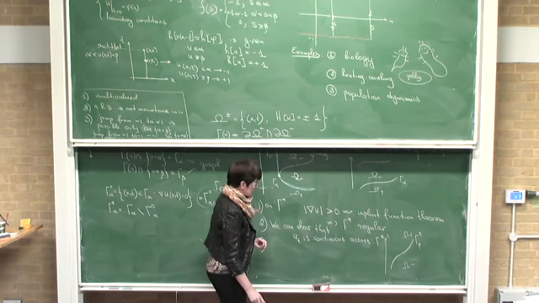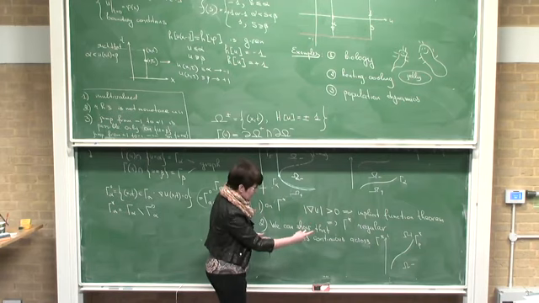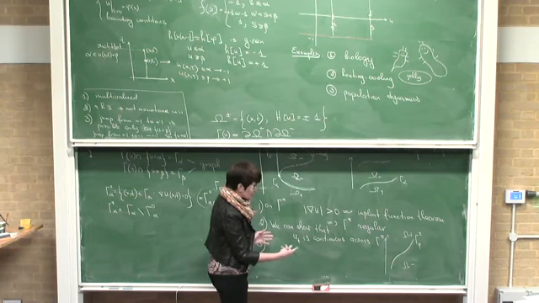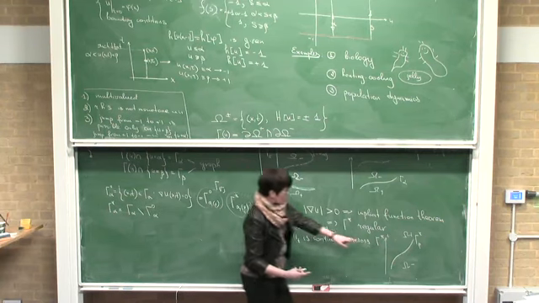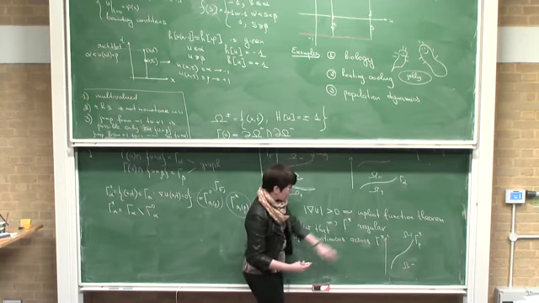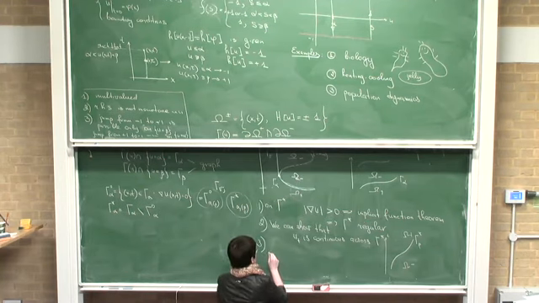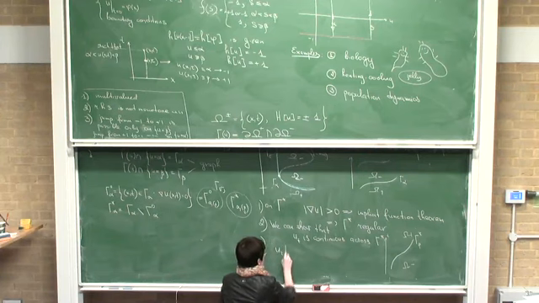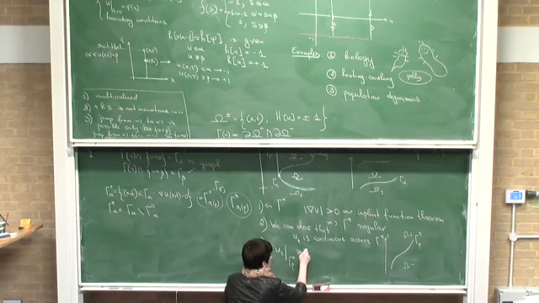It's not difficult to see that on gamma beta star, we have the estimate that ut is not negative.